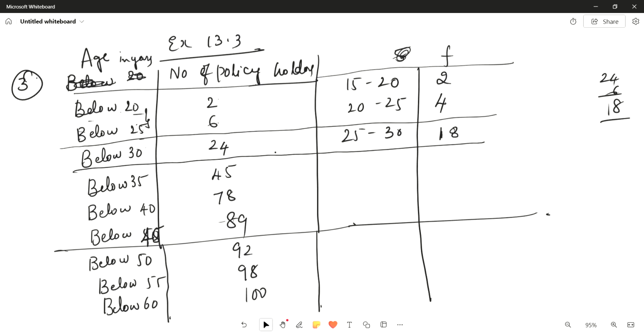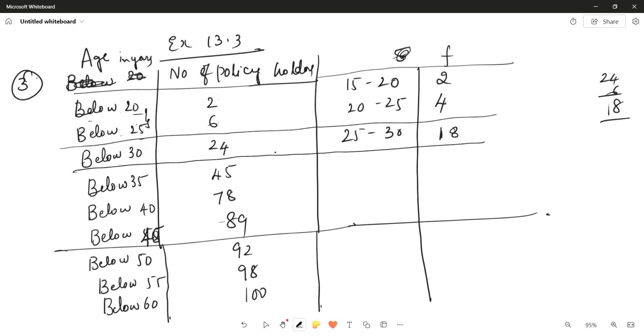Didn't understand? See, below 20 means whoever is below 20, everything is included. But the LIC policy, they are giving from 18 years only. And the difference between below 25 and 20 is 5, no? So I will take the first one as 15 to 20 is 2. Now below 25, it is 6 people who have taken the policy.